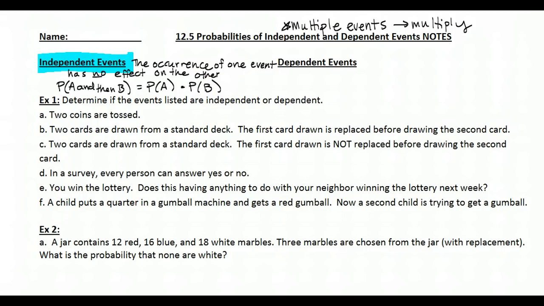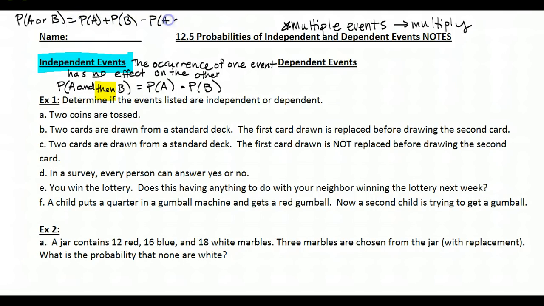Now I want to specifically point this out because this is one thing I dislike about these formulas. This is a different probability of A and B than what we used in our formula yesterday. This was the 12.4 formula that you had.